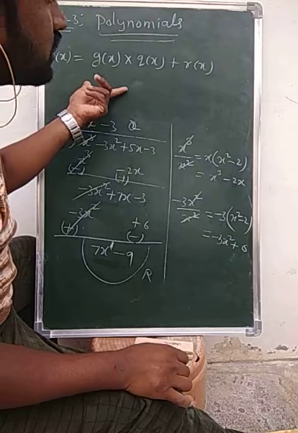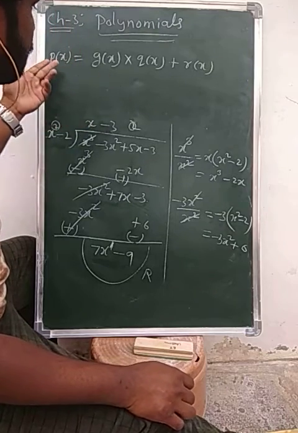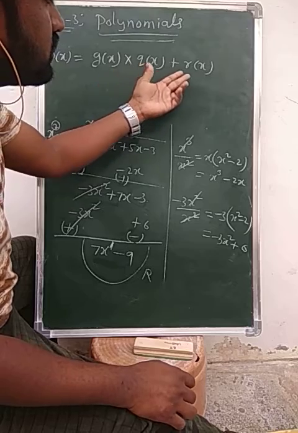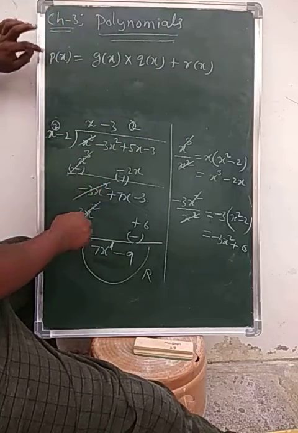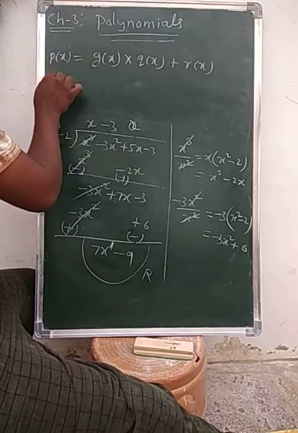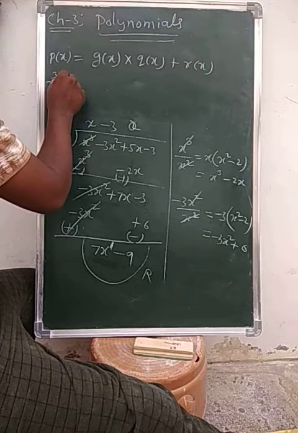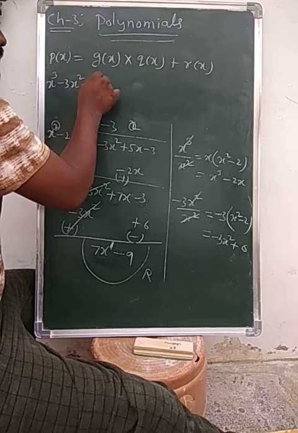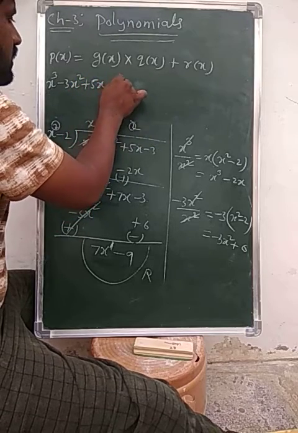So this is the division algorithm for polynomials. p of x is the polynomial x cube minus 3x square plus 5x minus 3.